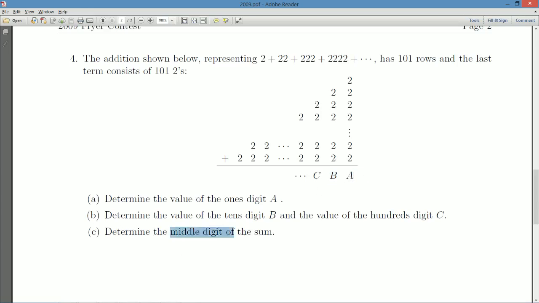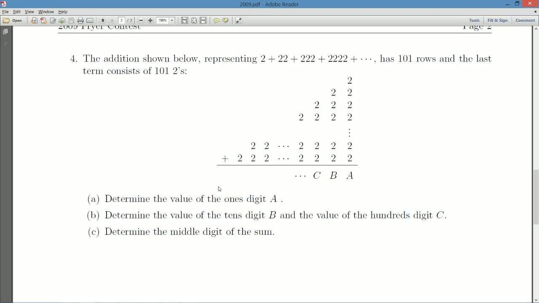And they're asking for a middle digit, so I'm suspecting it's going to be an odd number. Because I don't think it'd be a trick question of, oh, there's 102 digits, what's the middle one? You can't have it. So there's probably either 101 digits in our final answer or 103. You can't really get 105, I don't think. I don't think there's enough 2s.